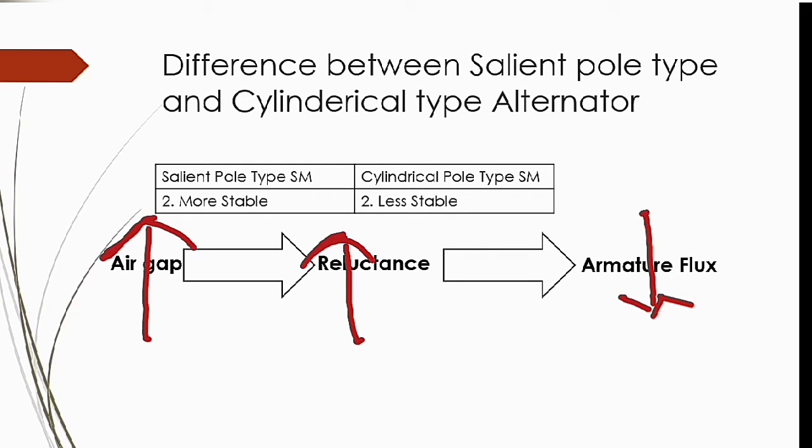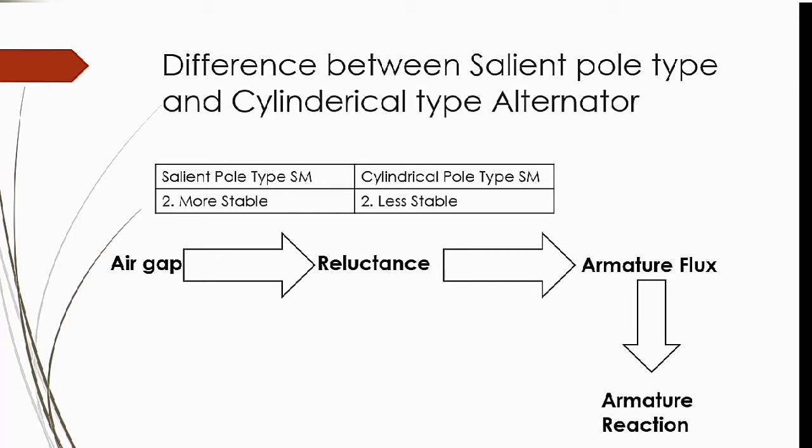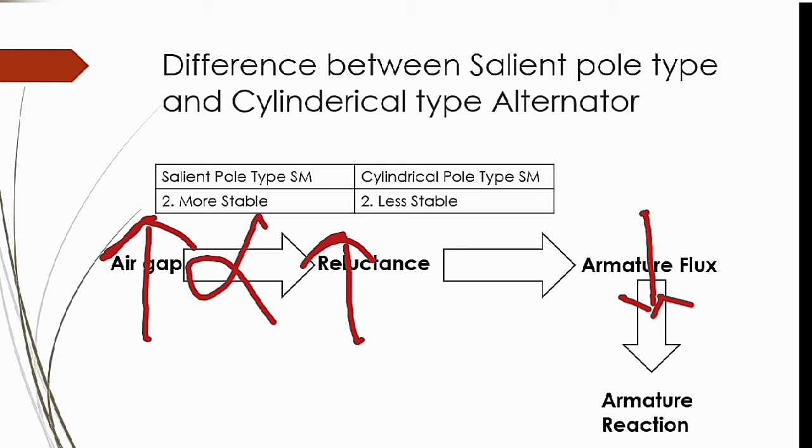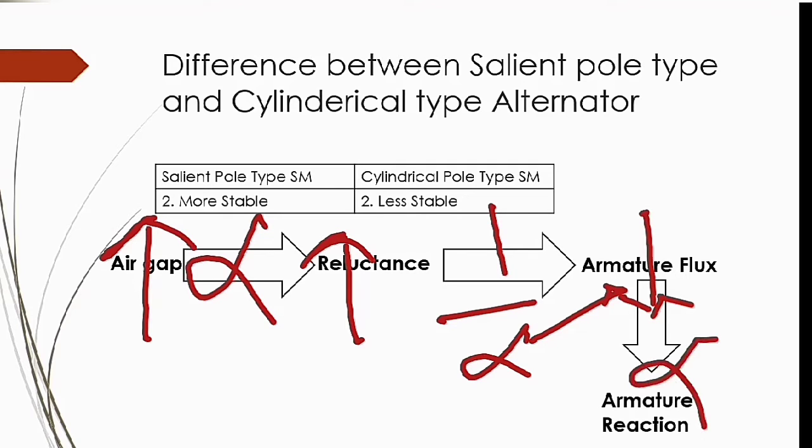So then after we can say armature reaction is also, just because of armature, okay, we just tell you what it is. It is directly proportional to air gap, directly proportional to reluctance, reluctance inversely proportional to armature flux, and armature flux is directly proportional to armature reaction.